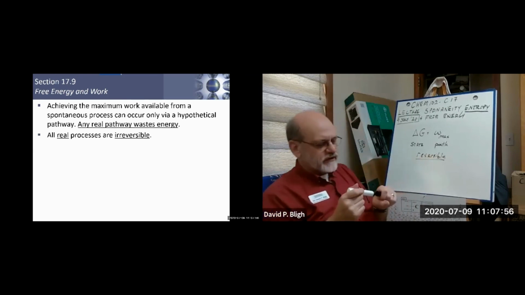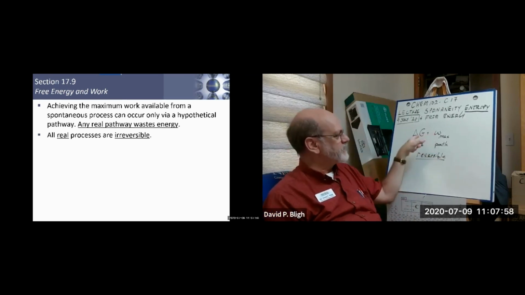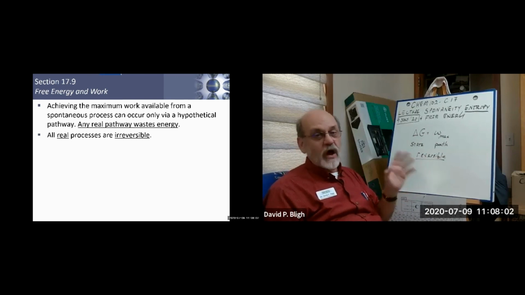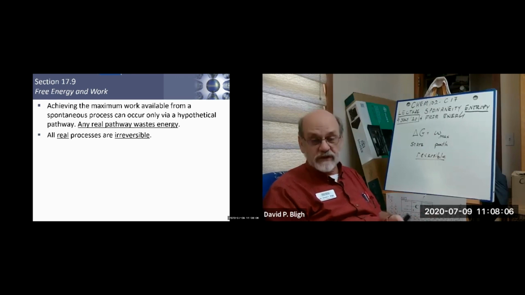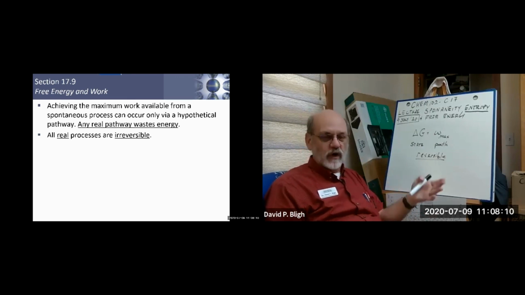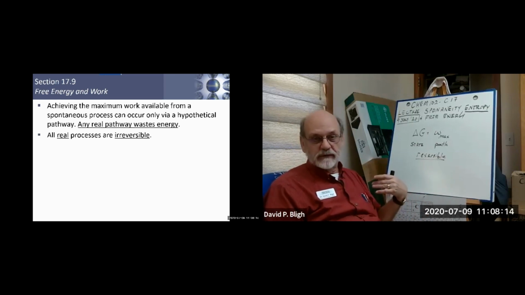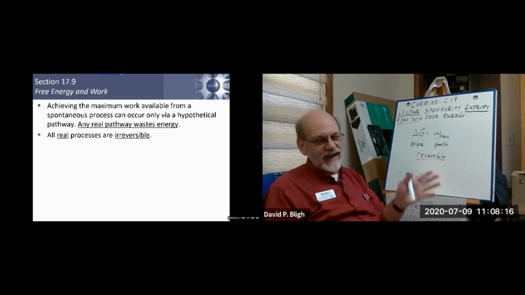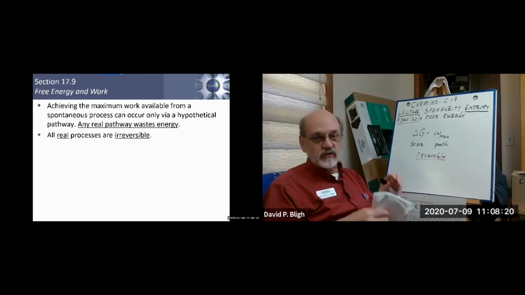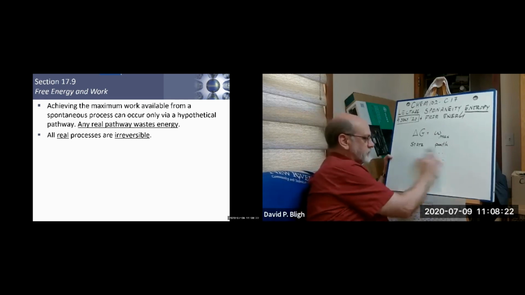If the process is reversible, then you can extract the maximum amount of energy. That never occurs because all real processes are irreversible. There's some loss in the process, which means that it effectively goes one direction. If it goes in the reverse direction, you'll lose more. So backwards or forwards, it doesn't matter. Irreversible means that you lose something in the process.